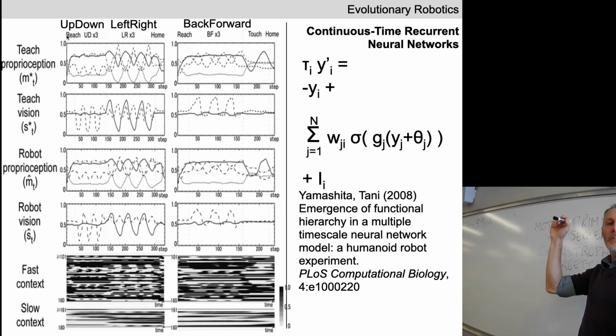So in this experiment, they put an evolved CTRNN back into the robot, and then the investigators, quote unquote, said, reach for the block and then shake it up and down 3 times. Now shake it left and right 3 times. Now go back to the home position.